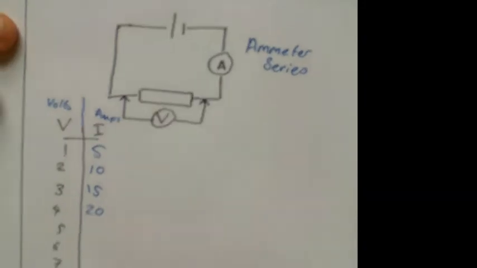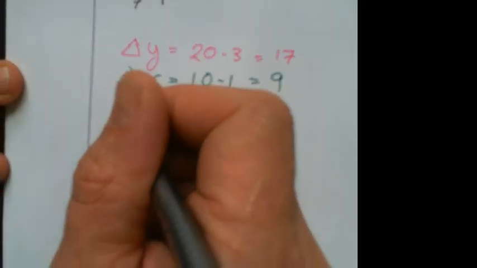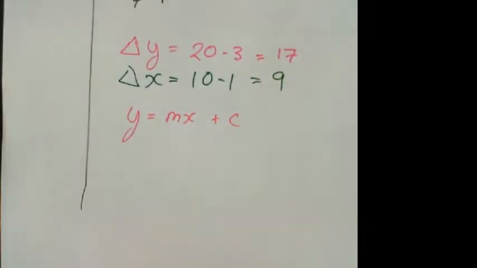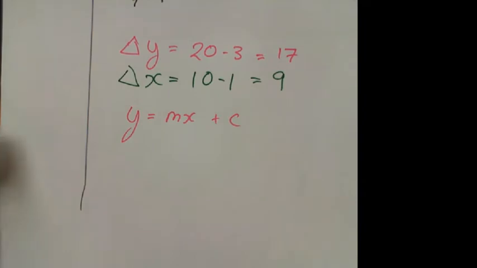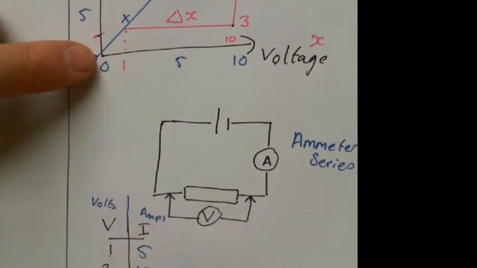Okay, so then if I want my gradient, if I'm using y equals mx plus c to work out my gradient, well, I know that I went through the origin, so I can simplify it.